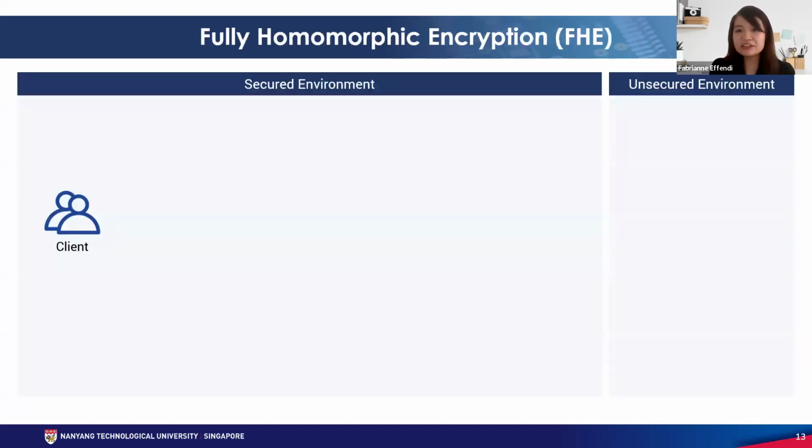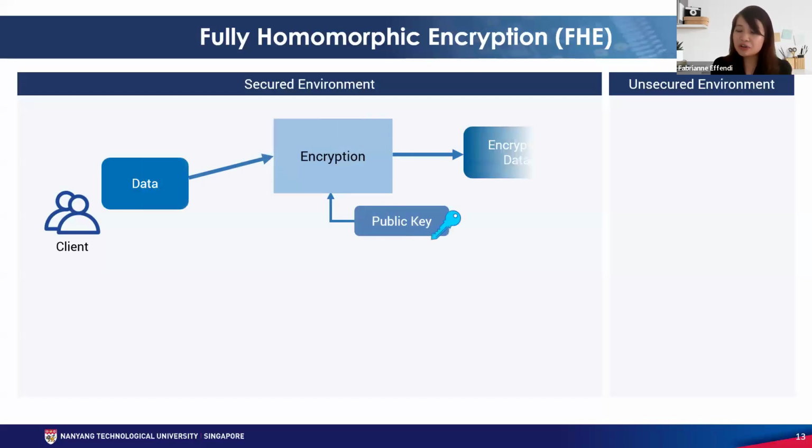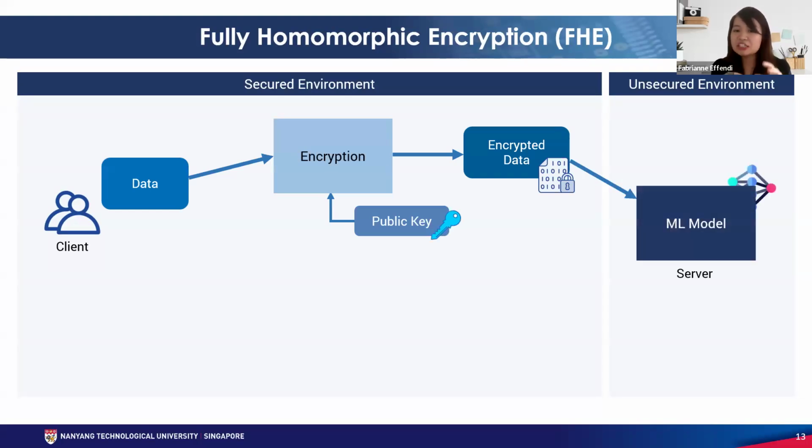In the context of machine learning, fully homomorphic encryption enables a party to encrypt the input data using a public key. And then the machine learning model will be able to process the encrypted data without seeing the original data. So this keeps the data secure and confidential from the machine learning model itself.